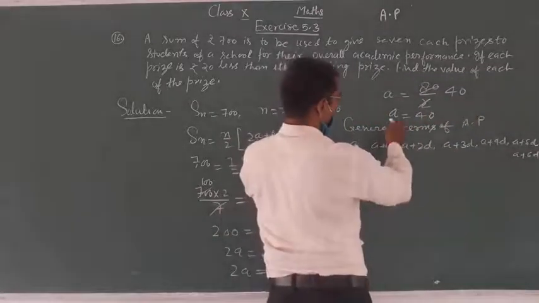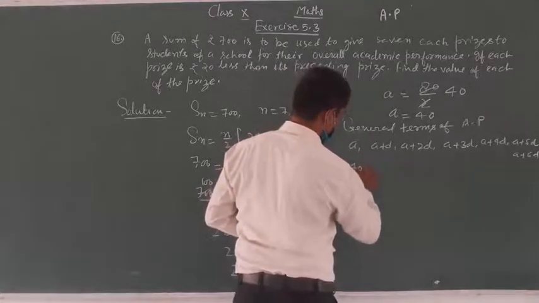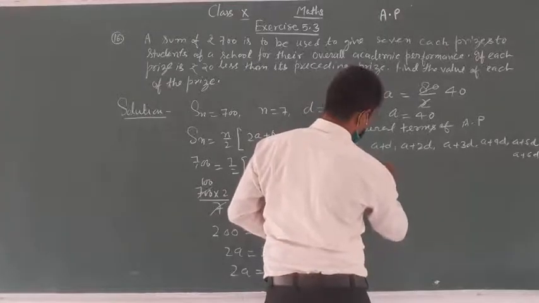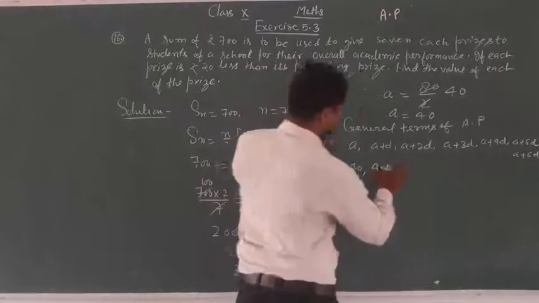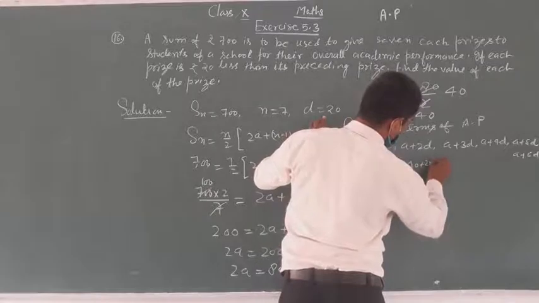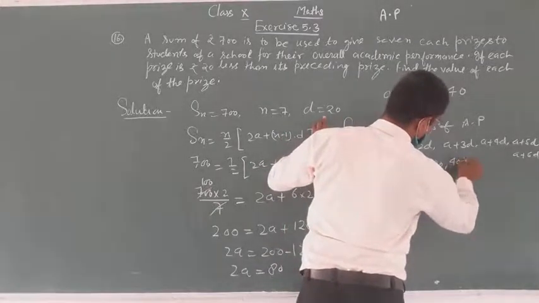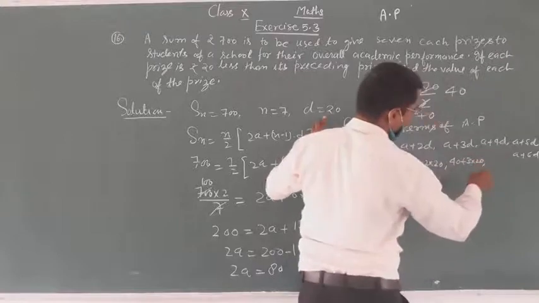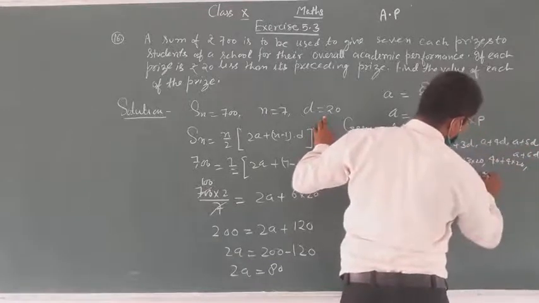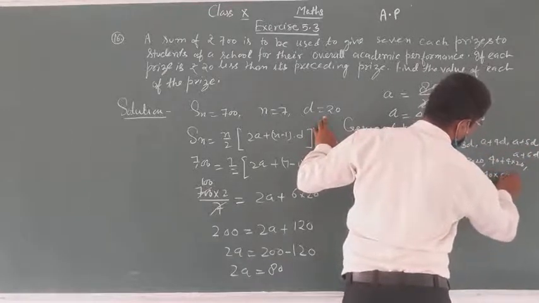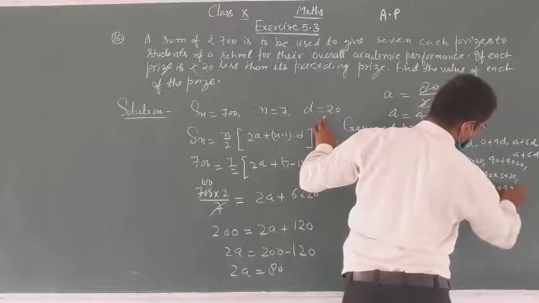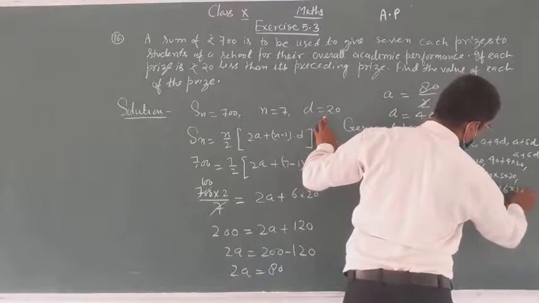Now put here a is equal to 40, and also a plus d is 40 plus 20, and also 40 plus 2 into 20, 40 plus 3 into 20, 40 plus 4 into 20, 40 plus 5 into 20, and also 40 plus 6 into 20.